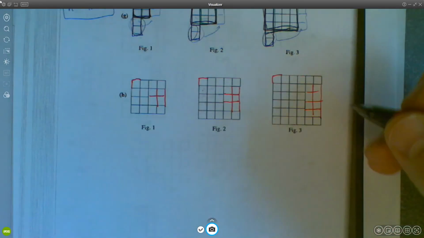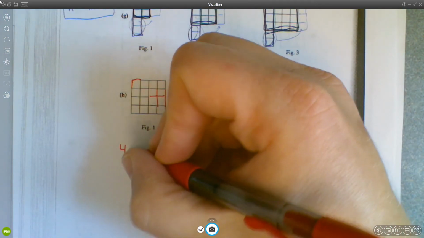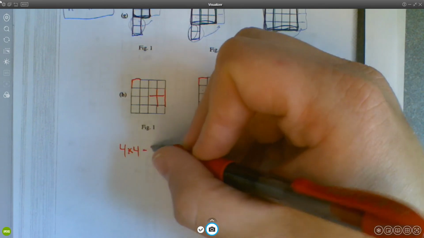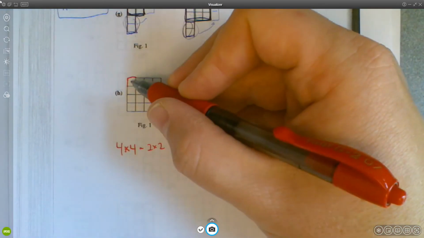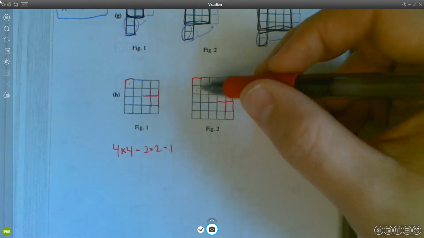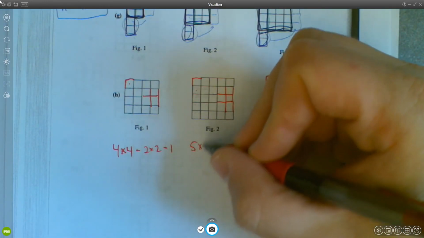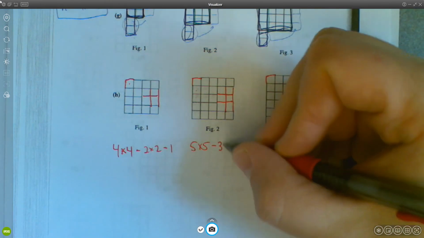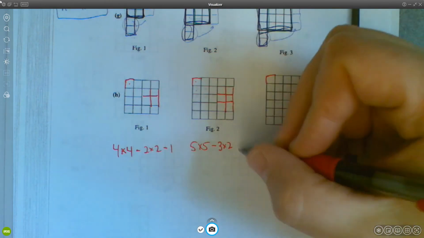So maybe this is the one that I'll do. This is a 4 by 4, but I was missing some pieces. I was missing a 2 by 2, and I was also missing a 1. Here I had a 5 by 5, but I was missing a 3 by 2 and a 1.